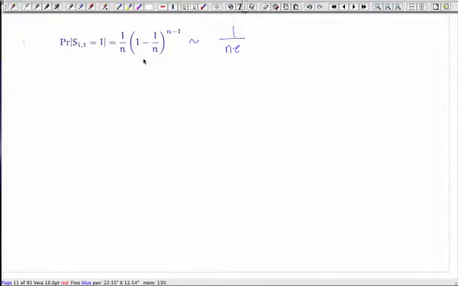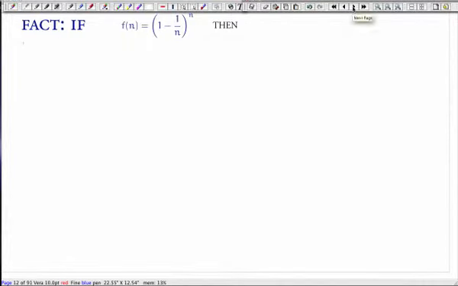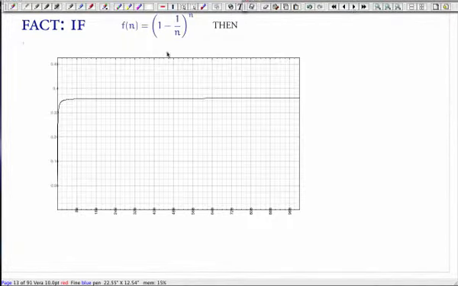And this is one of the very cool basic facts in all of these type of randomized algorithms, and a lot of analysis for randomized algorithms in general, and cryptography. And this is where this comes from. So this function right here, 1 minus 1 over n to the n, it's roughly 1 over e.